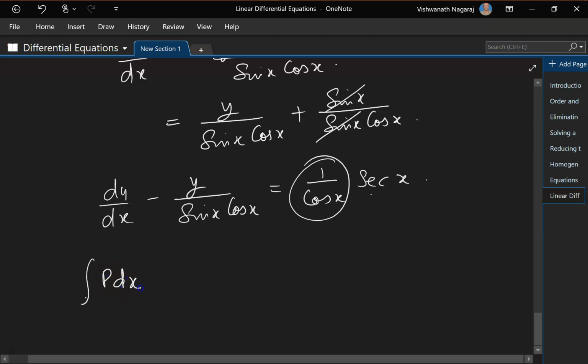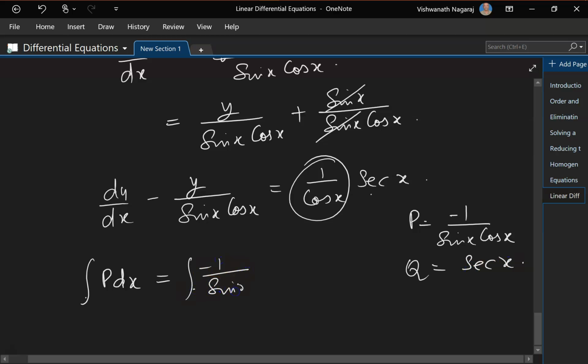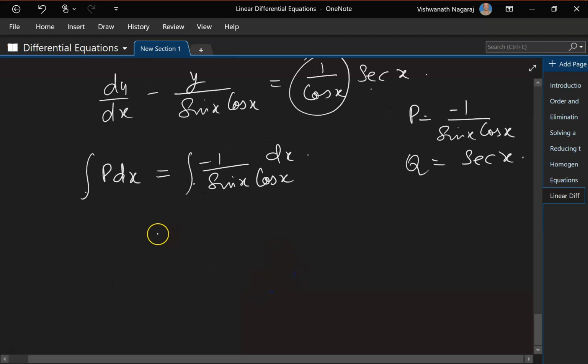So p dx is equal to, now here p is what? p is equal to minus 1 by sin x cos x, and q is what? Is sec x. So this becomes minus 1 by sin x cos x dx. Okay, this minus can come out. Now how do we integrate this?